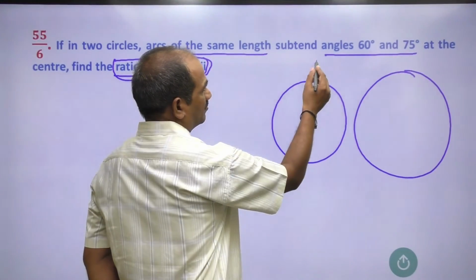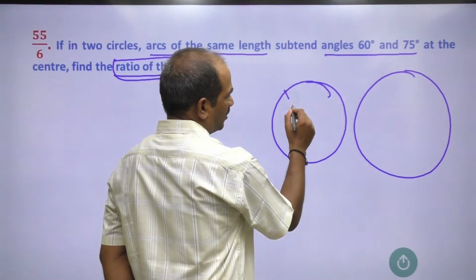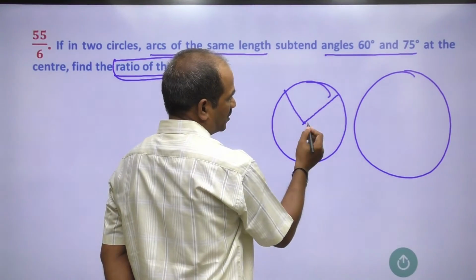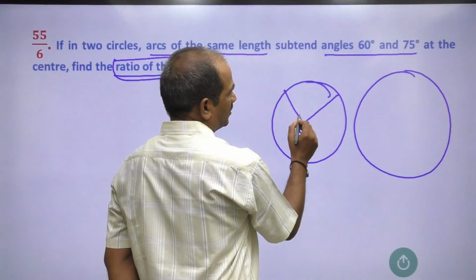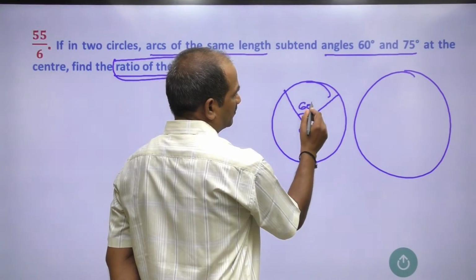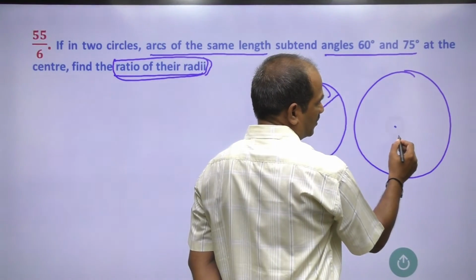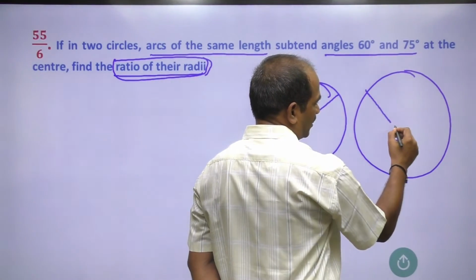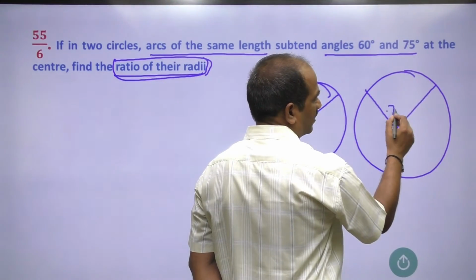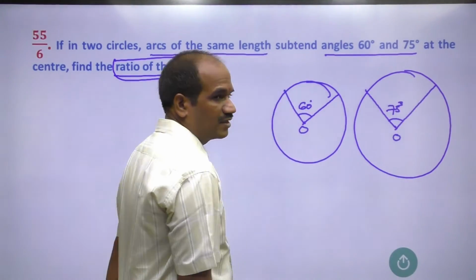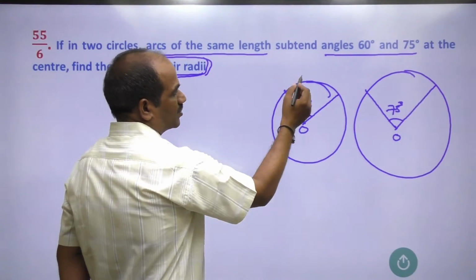First, the subtended angle is 60 degrees. Take one arc here, this is the arc, and the center is O. The first angle is 60 degrees. The center here is also O. Take another sector, in which the angle is 75 degrees. The arcs are of the same length, so these lengths are equal.